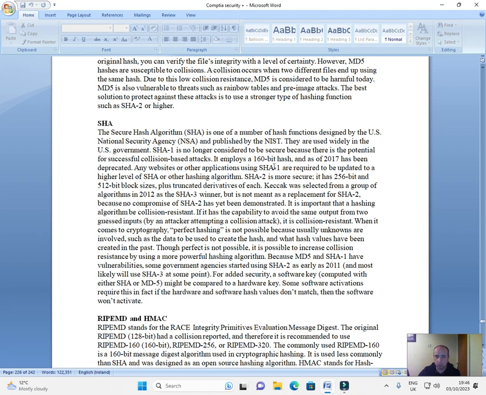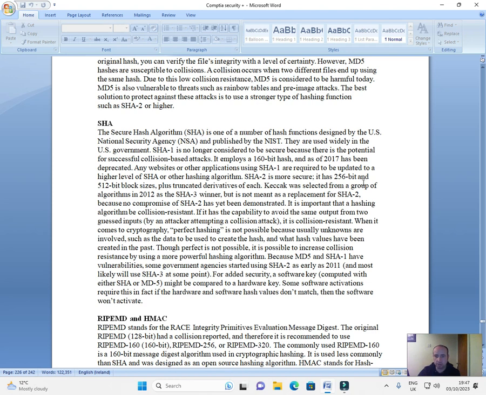It employs a 160-bit hash and as of 2017 has been deprecated. Any websites or other applications using SHA-1 are required to be updated to a higher level of SHA or other hashing algorithms.